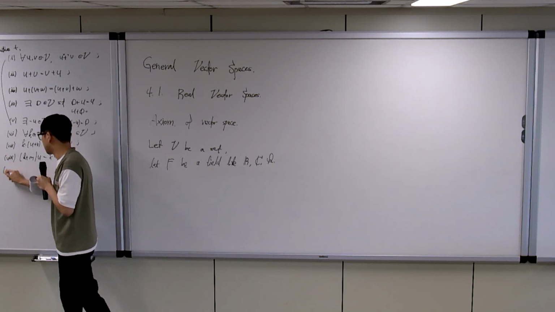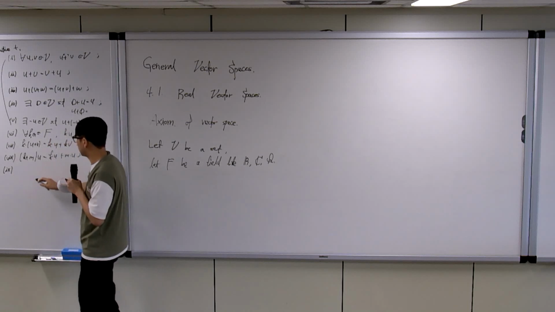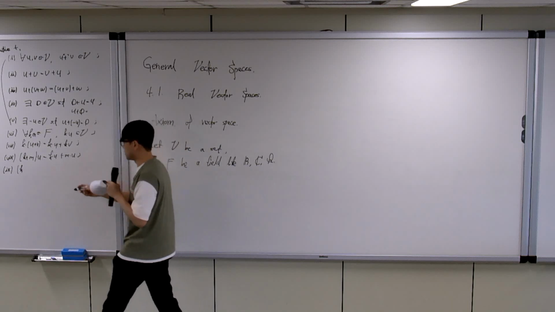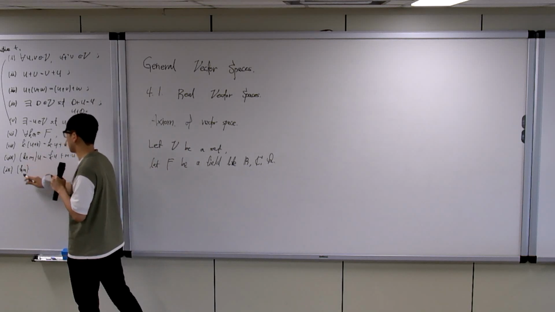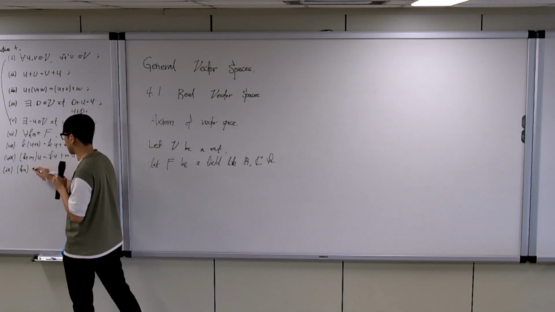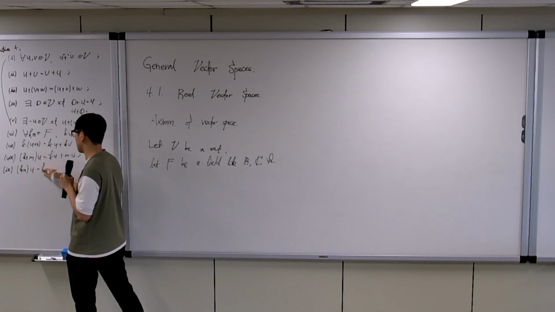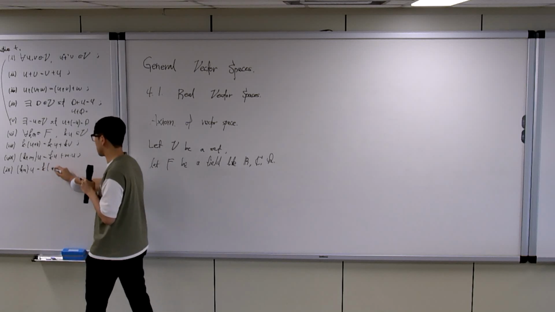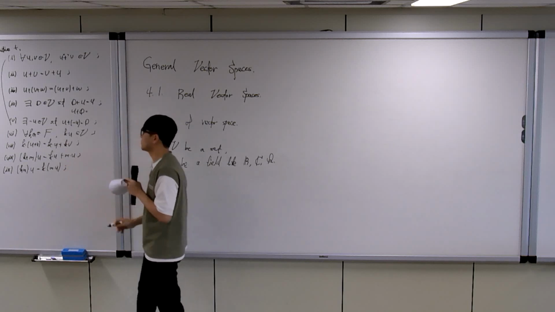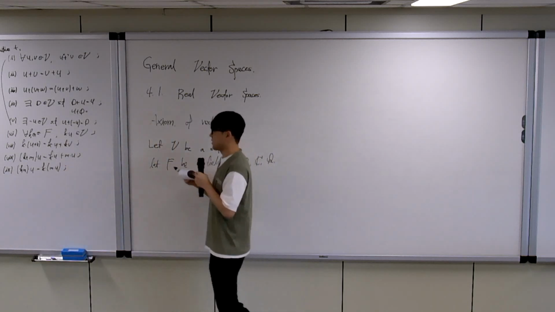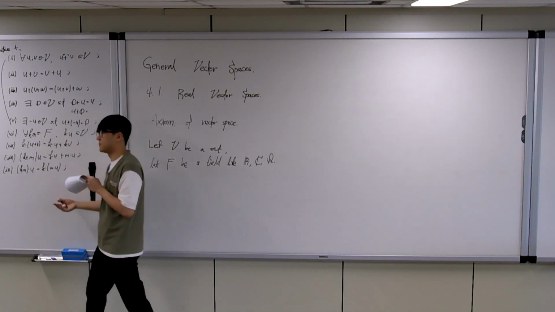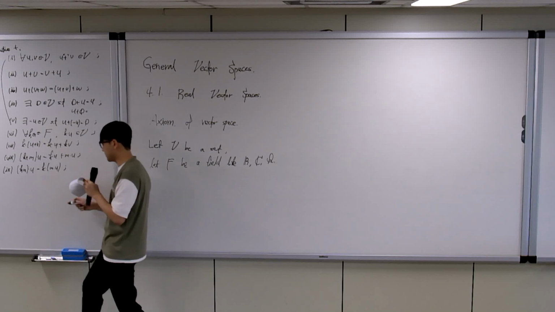And also it has an associative rule. That means K times M scalar multiplied to U is equal to K scalar multiplied by M scalar multiplied by U. Having associativity gives a convenient calculation in vector space.